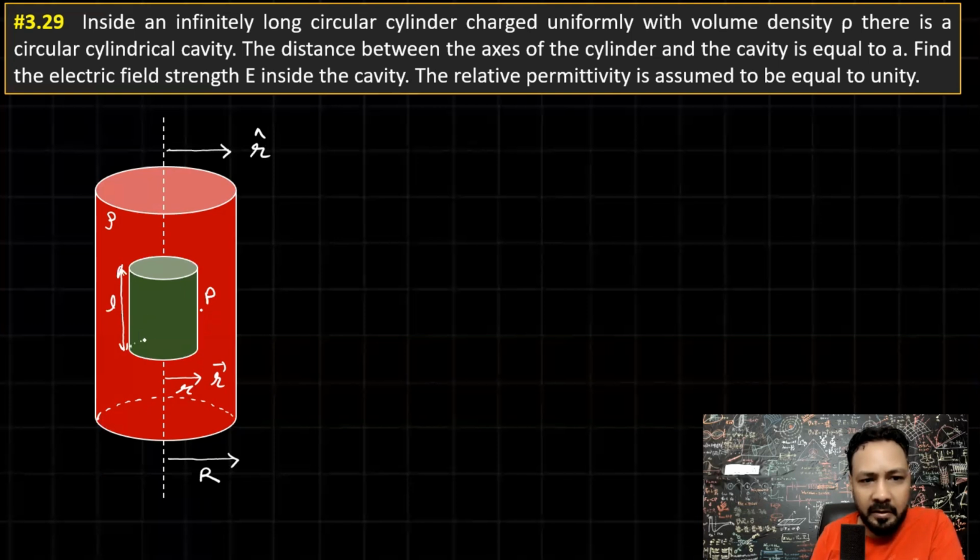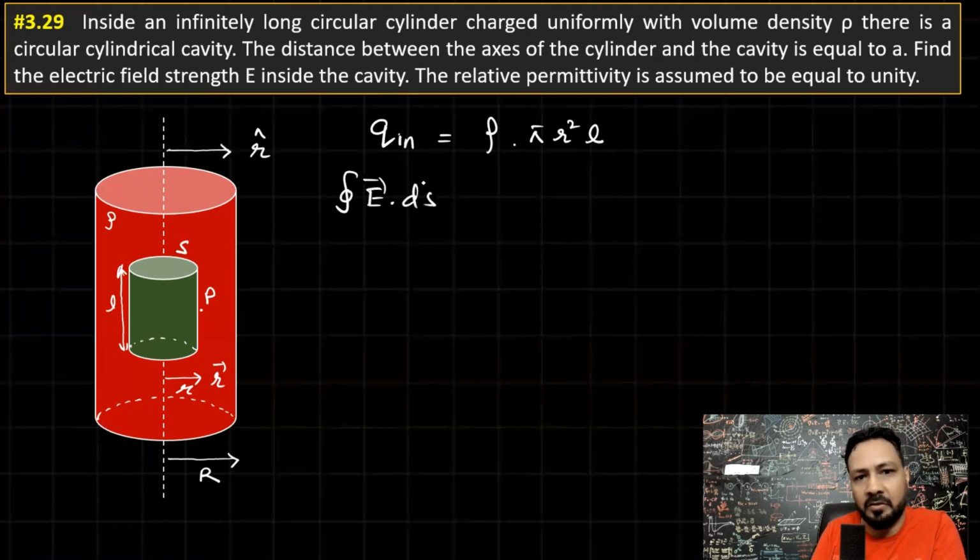First, I will find the Q enclosed within that cylinder. This whole setup has uniform charge density rho, so Q enclosed is rho into volume, which is pi r square into L. Now on this Gaussian surface, say S, I will apply Gauss law: integration of E dot dS is equal to Q enclosed, which is rho pi r square L divided by epsilon naught.